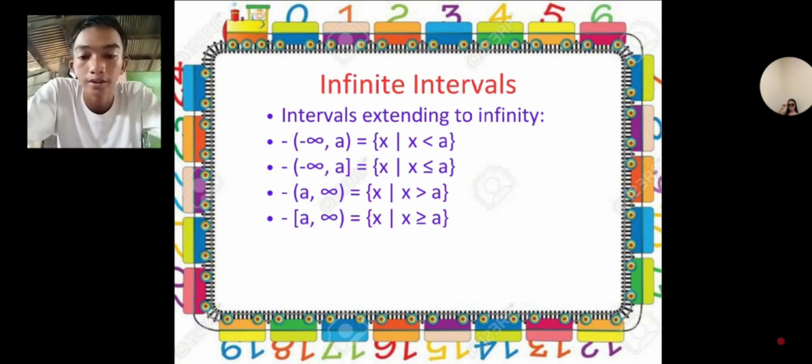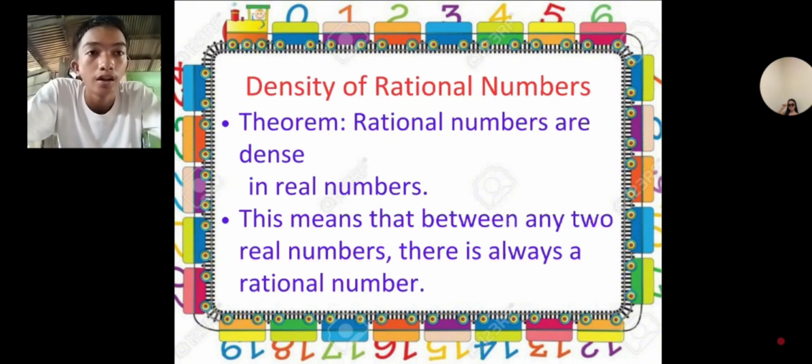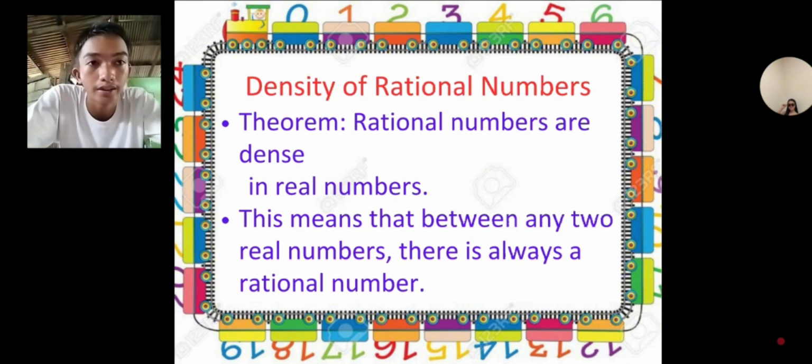So let's go to the density of rational numbers. This section discusses the fundamental property of rational numbers. Theorem 1: rational numbers are dense.